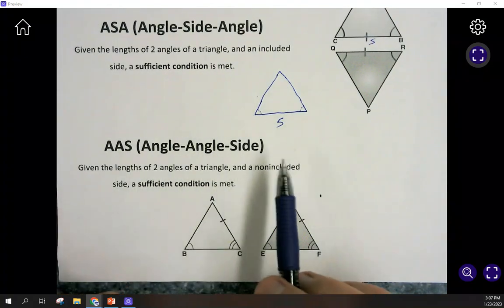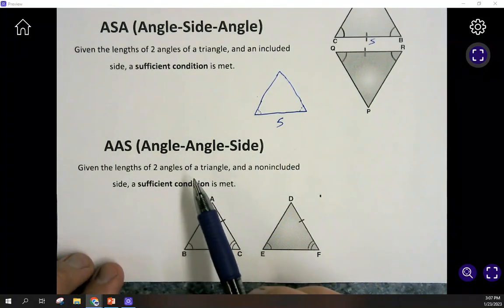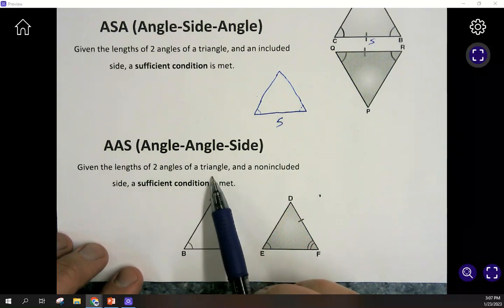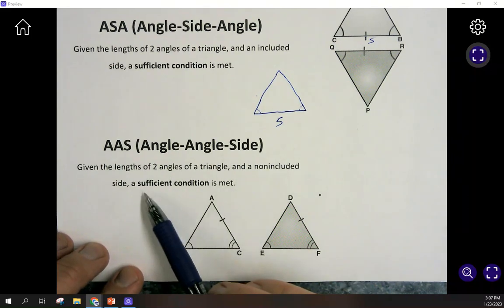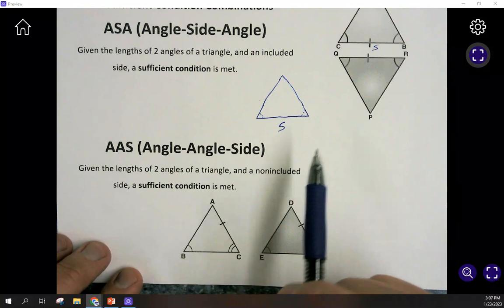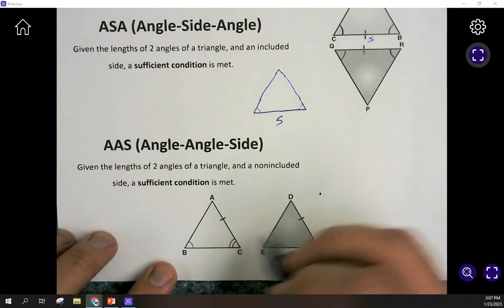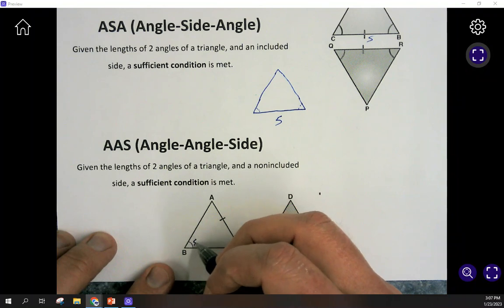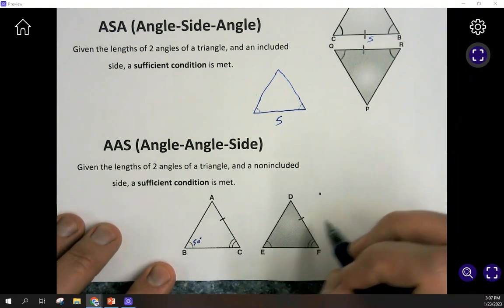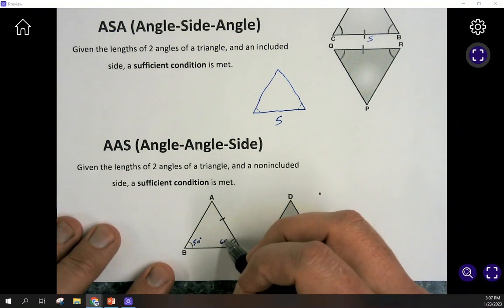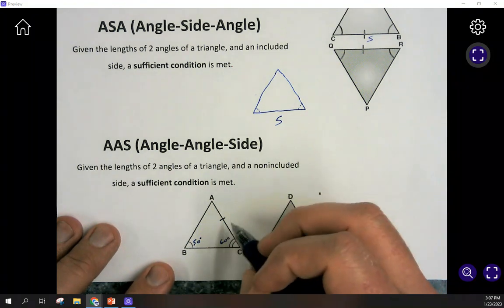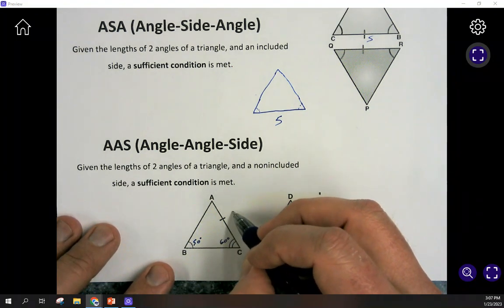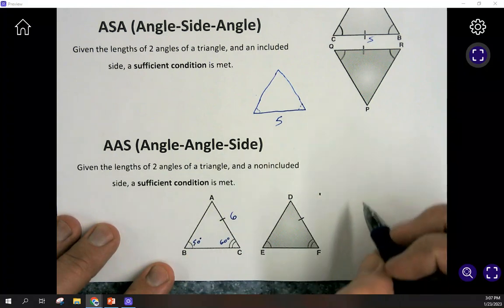And also angle angle side, AAS. So given two angles of a triangle and a non-included side, a sufficient condition is met. Okay, so if I match this angle, let's say this is 50 degrees. Let's say this one was 60 degrees. I know they look like they're matching, again, but for the sake of argument, and I had 6 right here.